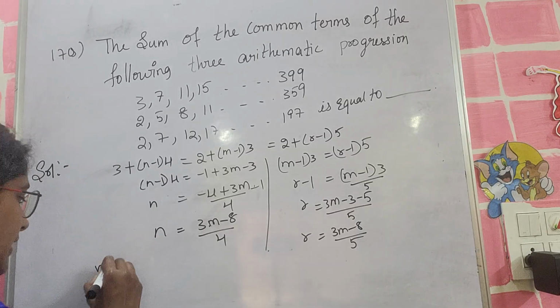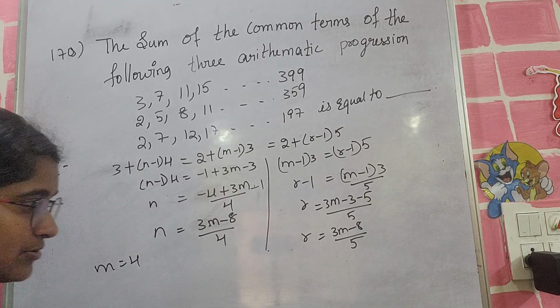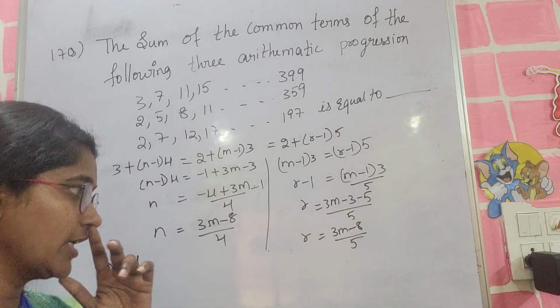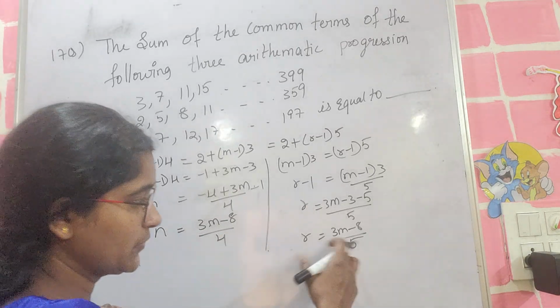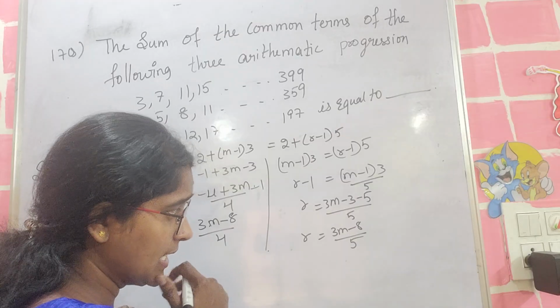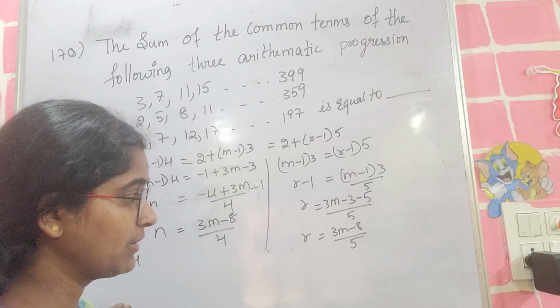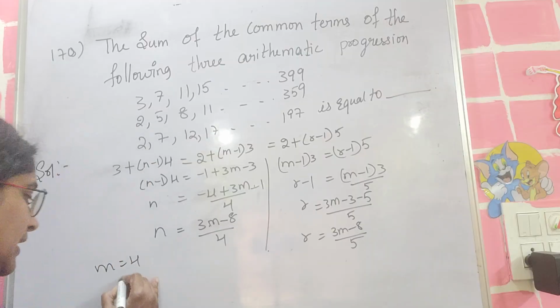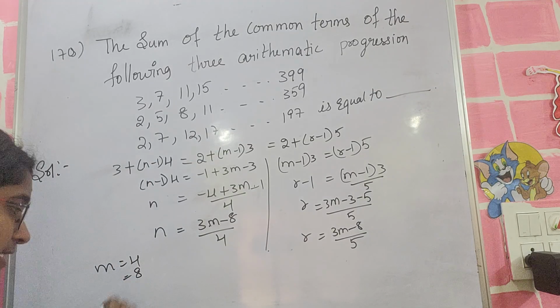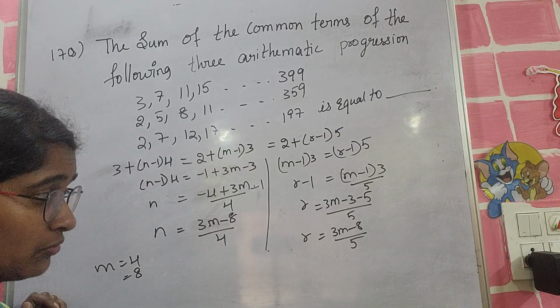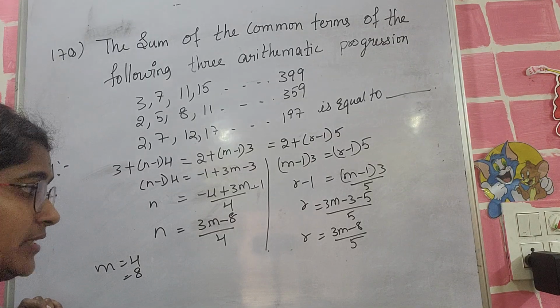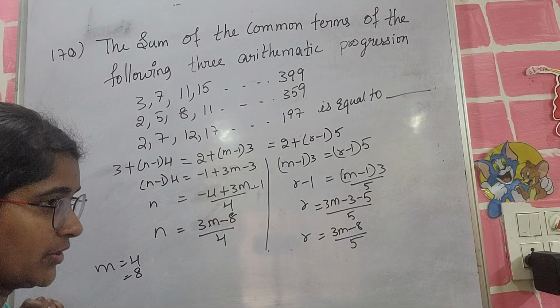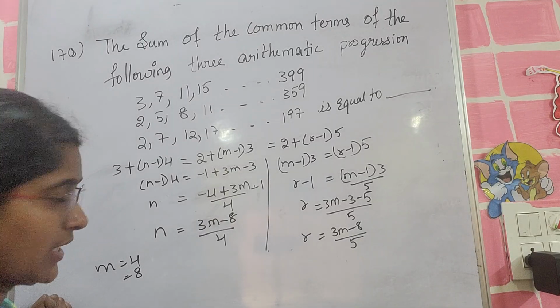So we'll check m equals 4 in this also, whether we get a natural number or not. 4 threes are 12, 12 minus 8 is 4, but 4 by 5 is not a natural number. Then we check again 8 threes are 24, minus 8 is 16 by 5, can't do it.